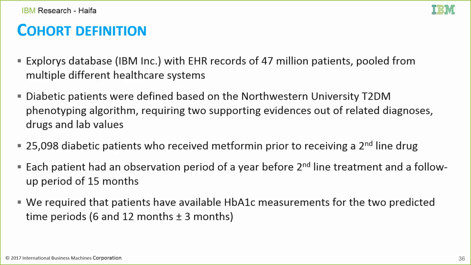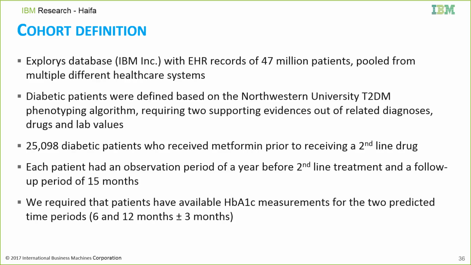We used the historic database out of which we identified 25,000 patients. Okay. And we follow the patients 6 and 12 months, plus minus 3 months, following the initiation of second-line treatment.